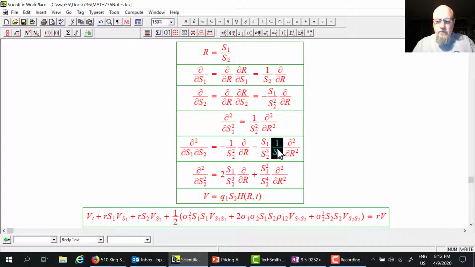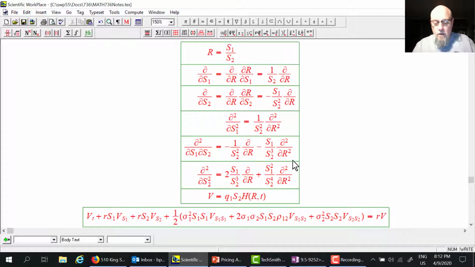Just trying to make things as simple as possible. All right. Now remember that we're changing what V is to S2 H, where H is a function of the ratio and time. So let's do all our substitutions here then.